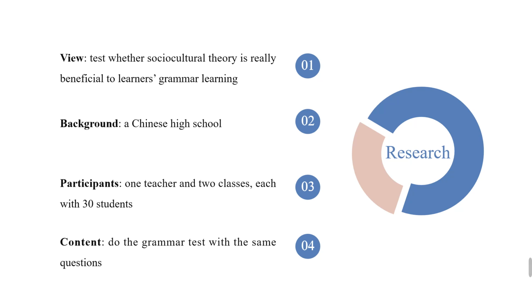The research is carried out in 2 classes with and without social-cultural theory, and the grammar test with the same questions will be conducted 1 month later. The content of the test includes the cognition and use of different tenses. Through the comparison of test scores, we can conclude that social-cultural theory really has great benefits for language learning.